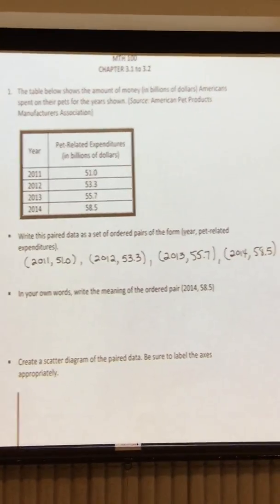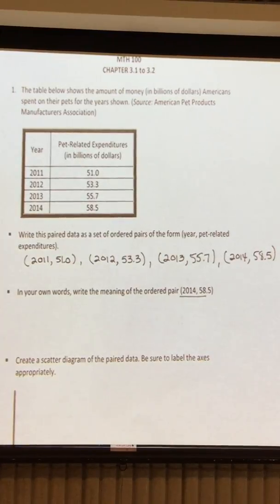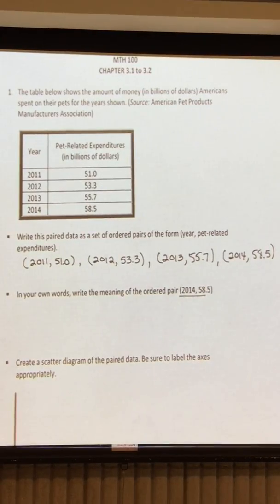In your own words, write the meaning of the ordered pair 2014, comma, 58.5.